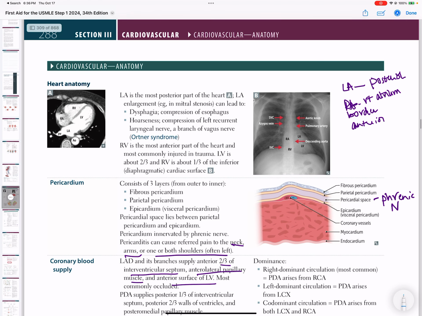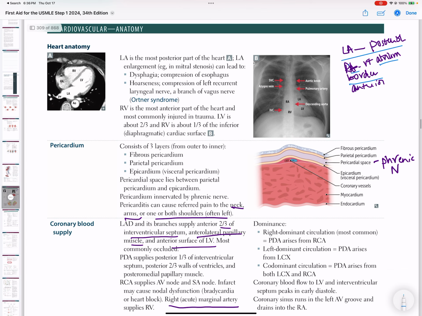So the left atrium is the most posterior; the right border is formed by the right atrium. Then the right ventricle is the most anterior part of the heart. It is most commonly injured in trauma, and the left ventricle forms about 2/3 and the right ventricle about 1/3 of the inferior diaphragmatic cardiac surface.